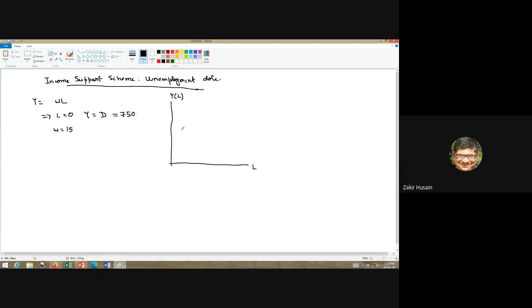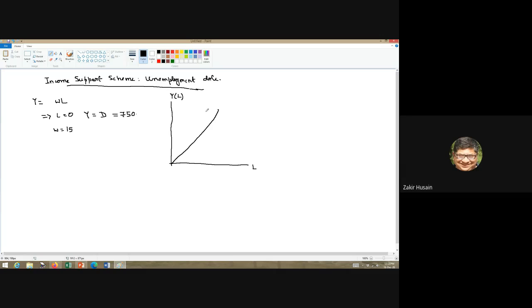A straight line passing through zero. Is it true?